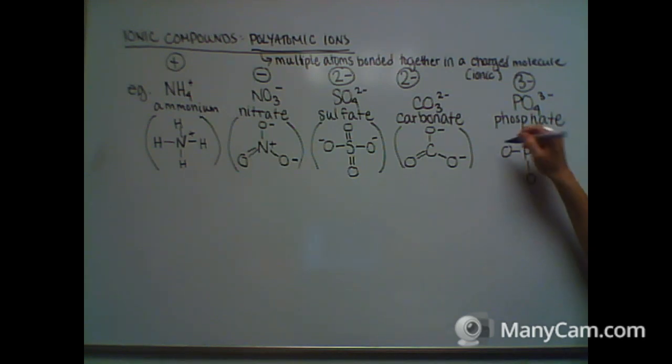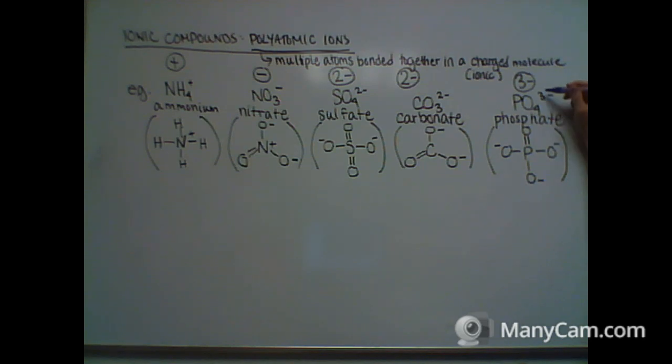There are 3 oxygens that have one single bond to phosphorus, and one oxygen with a double bond. Each of the single bond oxygens have a negative charge, and so the overall charge for phosphate is 3-, 1 for each of those negative charges on the oxygens.